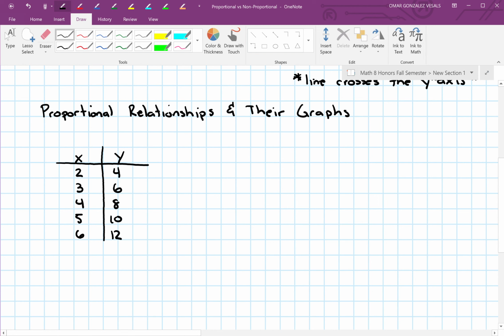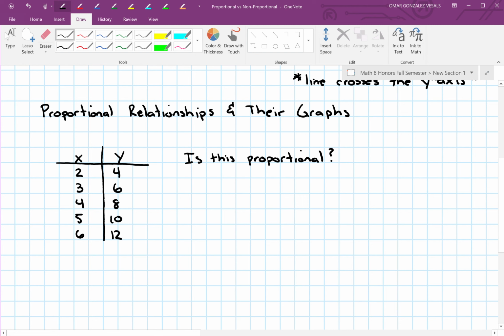Does this represent a proportional relationship, guys? So I guess my question is, is this proportional? How do we know? How do we check for proportional relationships?